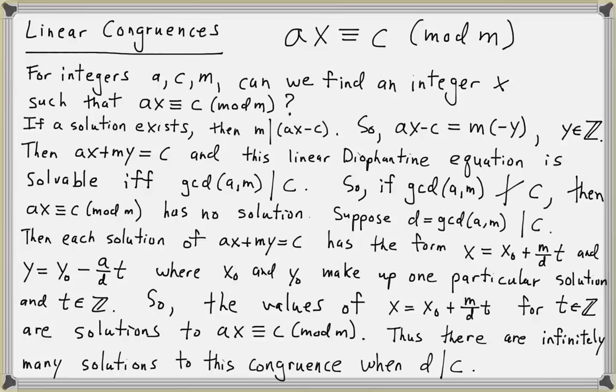So when the greatest common divisor of a and m divides c, there's actually an infinite number of solutions. But next we want to discuss how many incongruent solutions there are. So we know there's an infinite number of them, but are they all congruent to each other mod m? Okay, so this is the next question we're going to address.